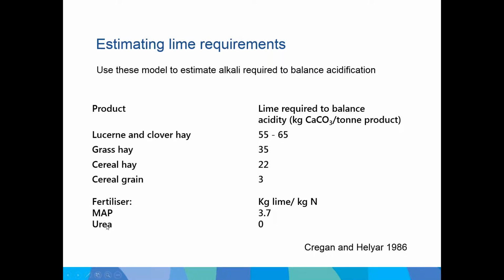If you look at urea, for every kilogram of nitrogen, in theory, there is no change in pH, and so you don't need to add lime to neutralize that acidity. I will come back to that, so I want you to remember that. The models would say that urea doesn't necessarily acidify.